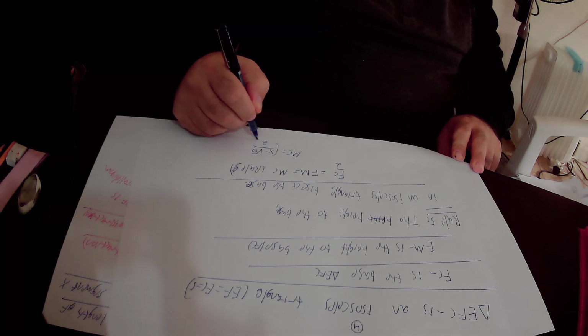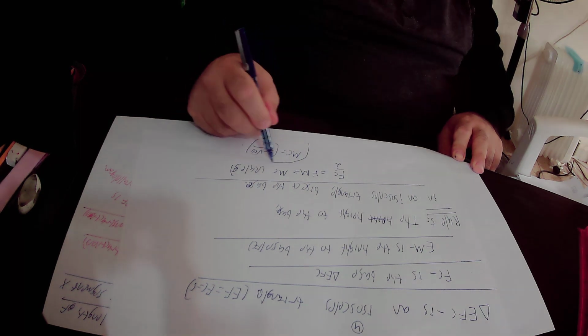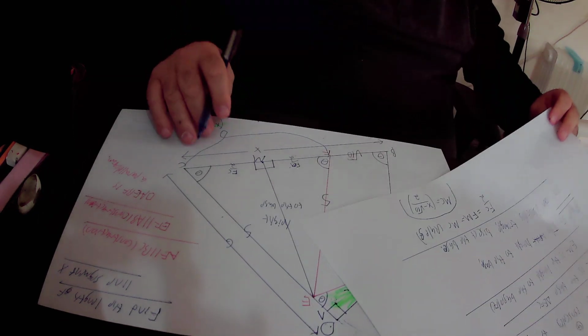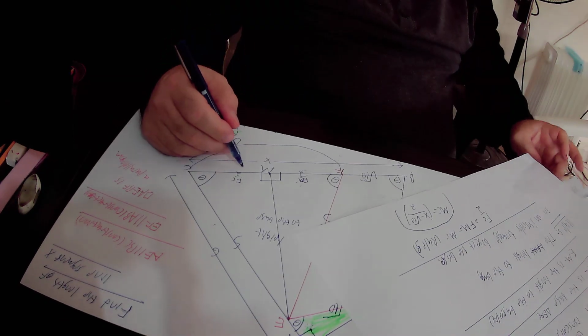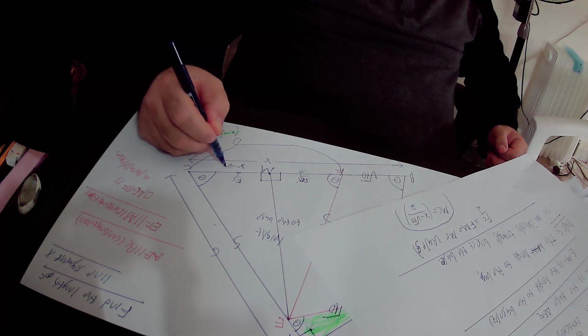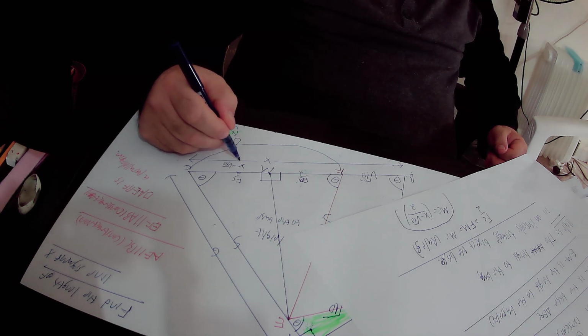So in conclusion, MC equals x minus square root of 10 over 2.